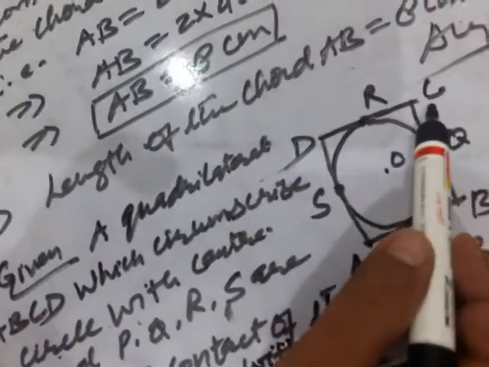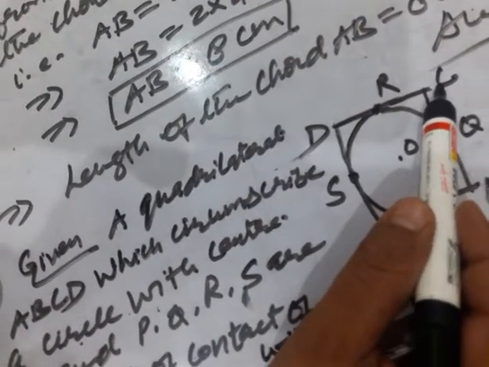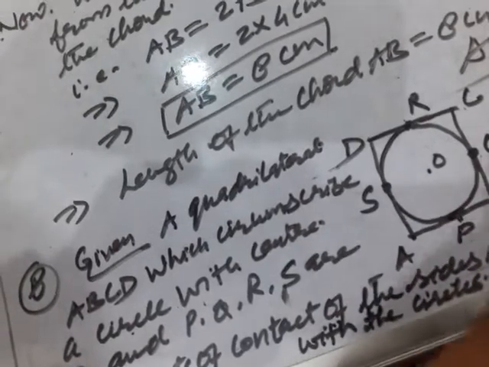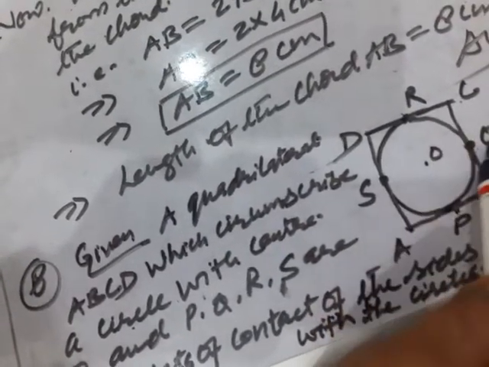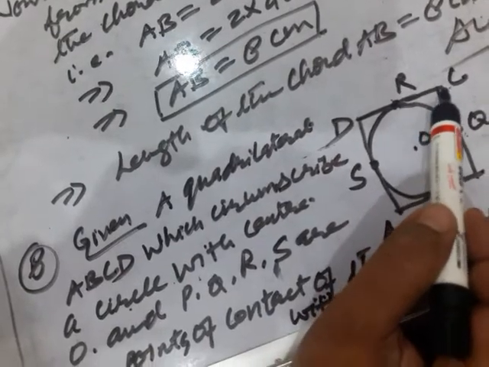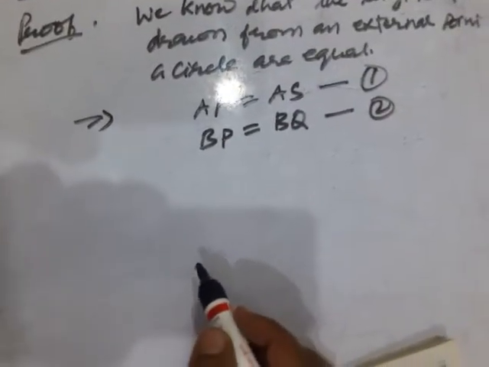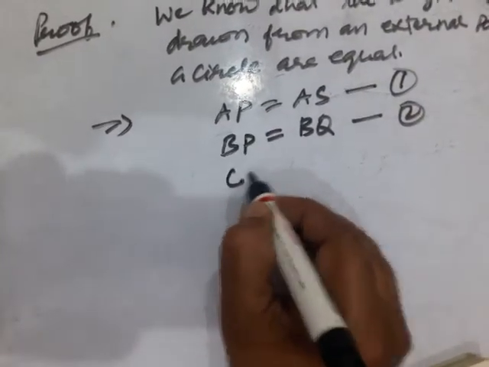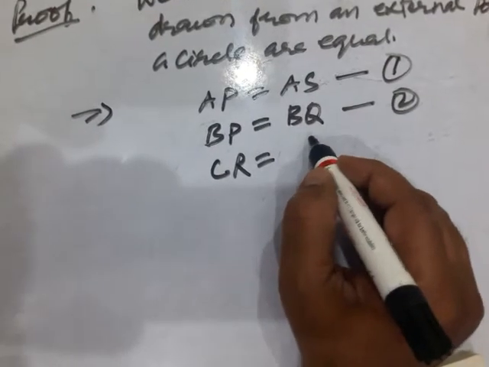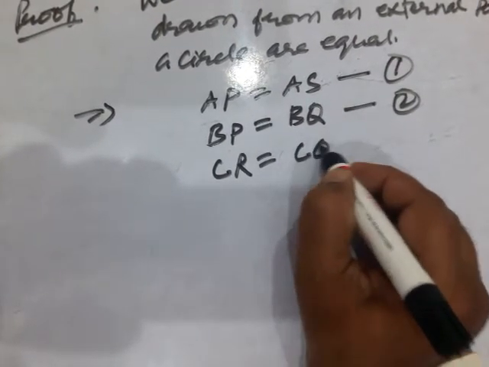Clear? What else now, children? Now C is an external point, and CQ and CR are the two tangents whose lengths are equal. That is CR equals CQ.